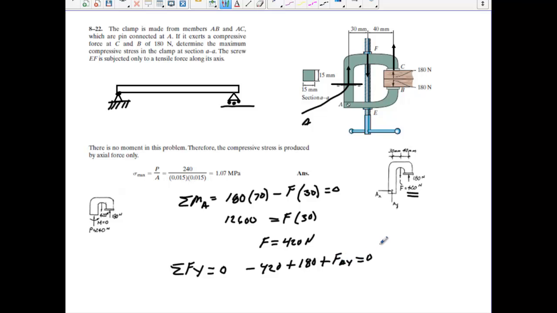Set that equal to 0. So when we do that, we get minus 420 plus 180. That leaves me at minus 240. So that means FAY must be 240 newtons. Sorry, 240.